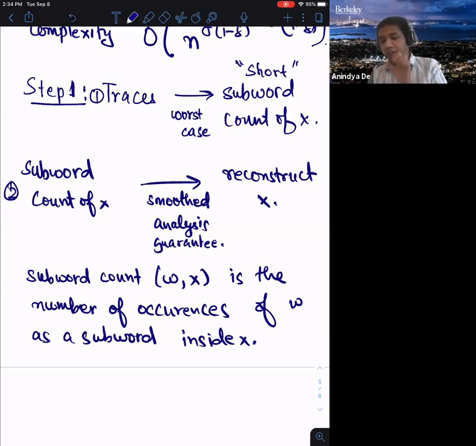Let me abbreviate it as SW. SW(W, X) is how many times the word W appears as a subword of X.